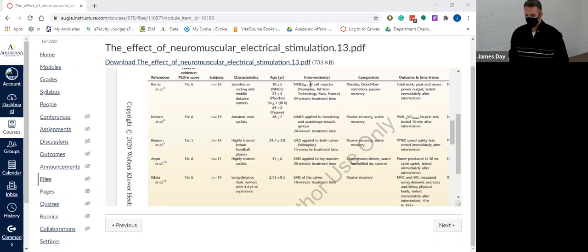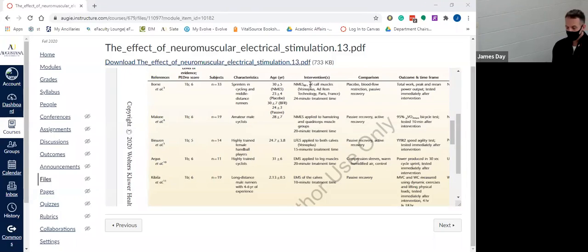You're going to describe the intervention that they used, because we're going to be looking at higher level interventions. So like in the dry needling example, we're looking at all different types of dry needling.